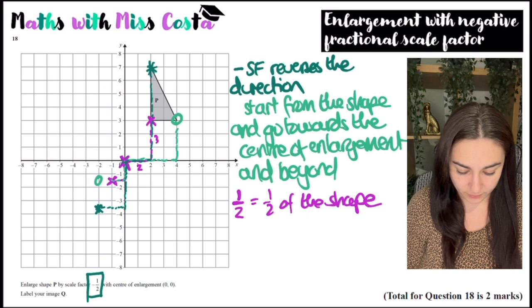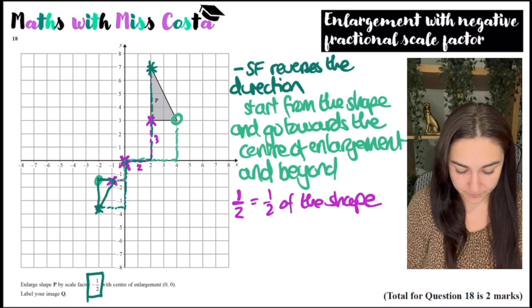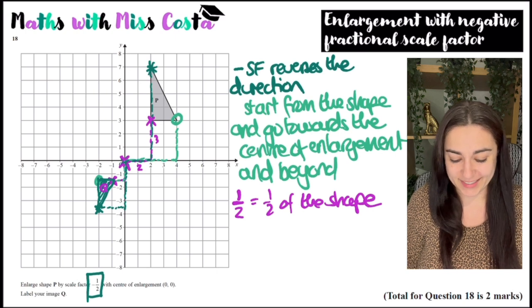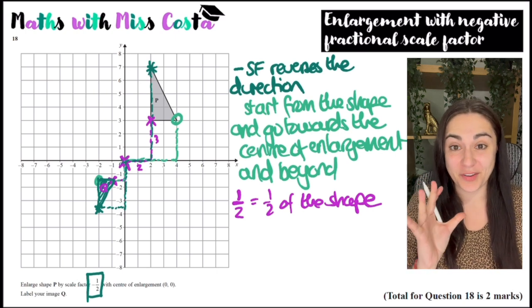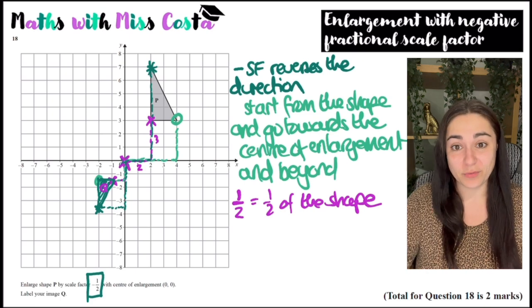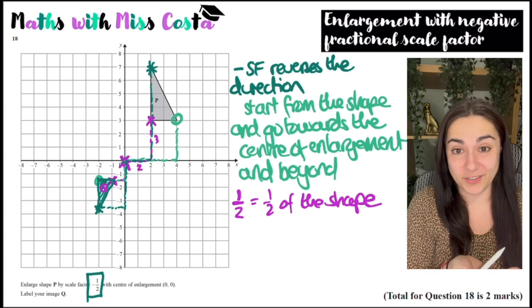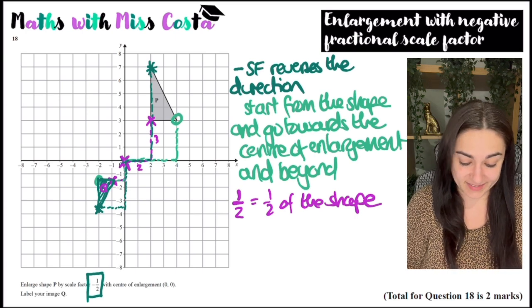And once you've got all of your points, all you want to do is just join them up and label your image Q. So this is going to be Q. So the key thing is just with a negative, when you're enlarging by a negative, you reverse the direction. And with a fractional, it just means you multiply each side by a half. And the distance as well.